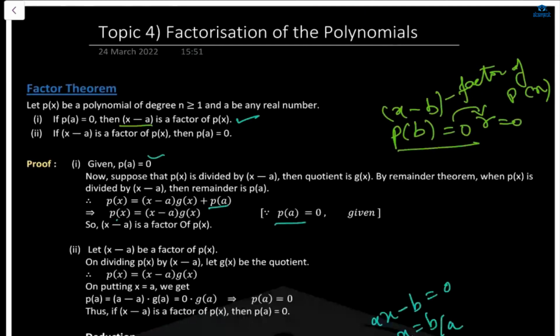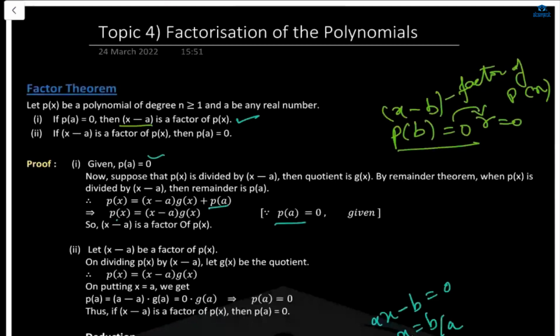So the value of n, which is defining the degree of the polynomial, will be taken as greater than or equal to 1. So a polynomial is there, p(x), f(x), whatever polynomial, we're assuming it as p(x) right now. So polynomial p(x) is there whose degree is greater than or equal to 1. Okay, and a be any real number. What is this a? The real number that we are taking. Okay, a proper real number will be there.